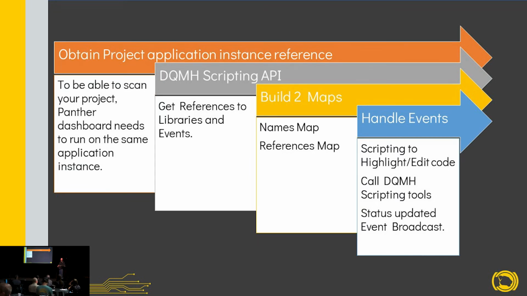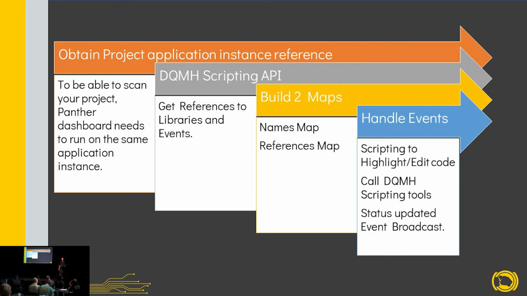So I talked with a lot of developers and got a lot of ideas and feedback. And finally, I succeeded adding it into the tools menu. So I need to run in the same application instance in order to create these scripting animations and do these tricks. The second addition is to add the scripting API.